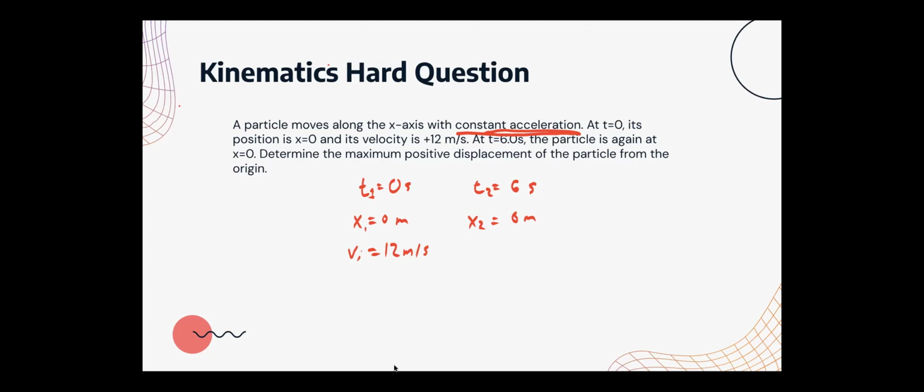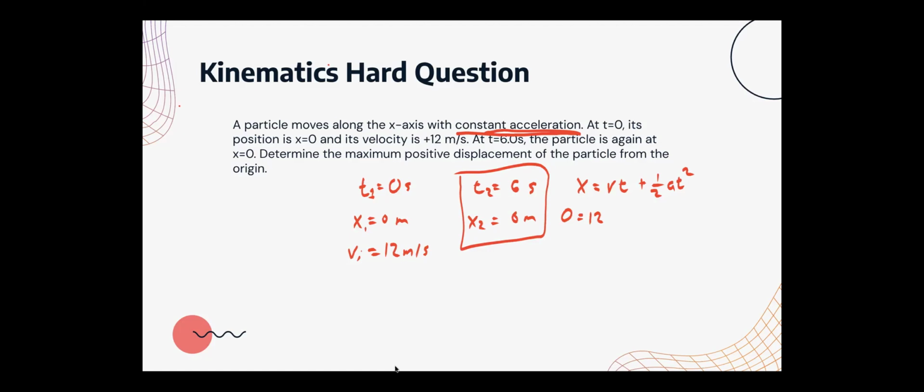We can do that using one of our equations: x equals vt plus 1/2 at squared. We have our x, which is 0, our v, which is 12, and our time, which is 6. We're using this to find the constant acceleration.